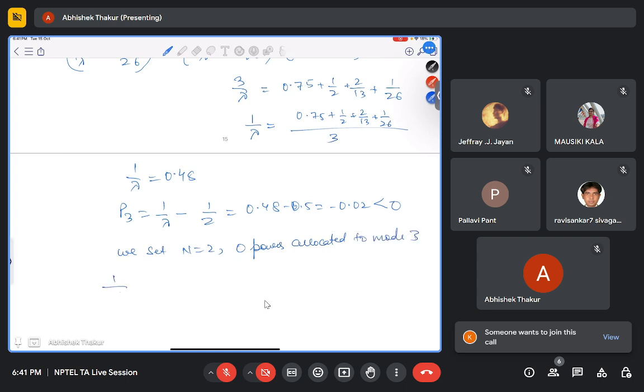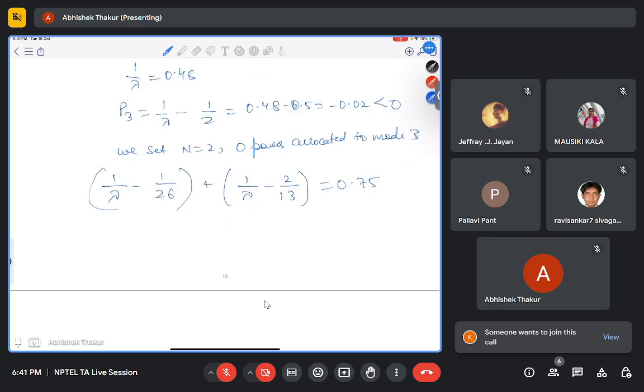So now the total power P1 plus P2 will be given as, and the summation will be 0.75. So this time we will get 2 by lambda is equal to 0.75 plus 2 by 13 plus 1 by 26, divided by 2.